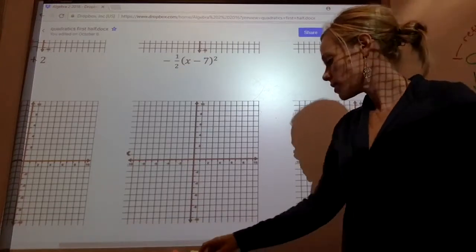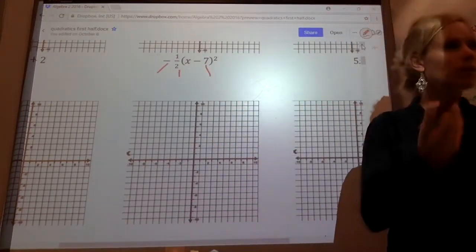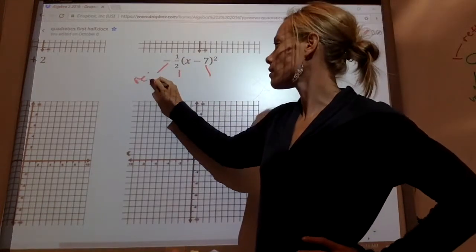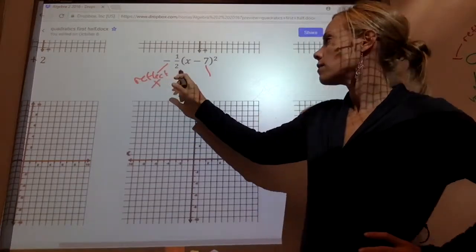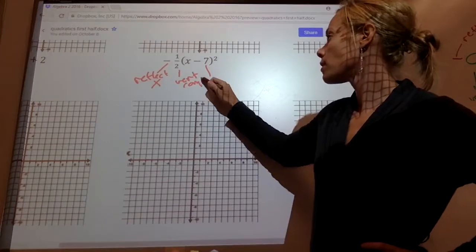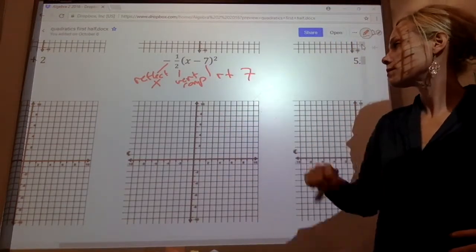Okay, so what's going to happen here? 3 things, right? Negatives always mean reflection. So that negative means reflect over the x. The half means, very good, vertical compression. And the -7, right 7. Good.